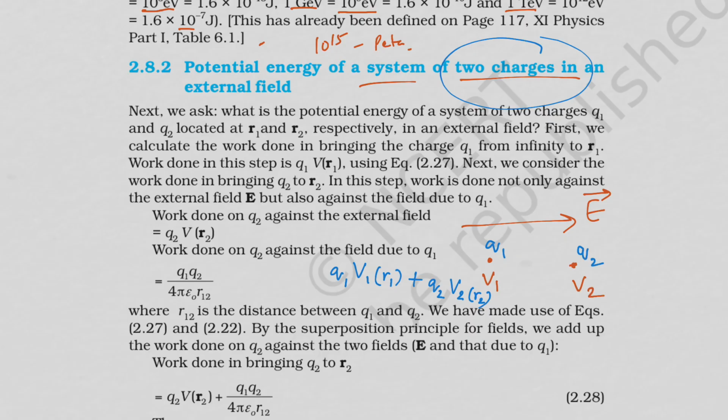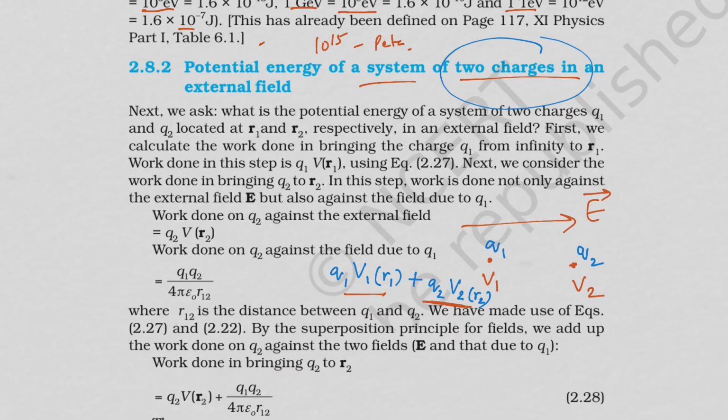And if you remember in the previous section what we talked about, that we have to bring the charge one by one, okay. If you bring the first charge on that, to bring it from infinity to this point, that's the potential. Then we bring the second charge, then this is the potential.